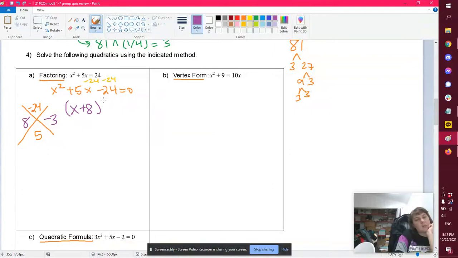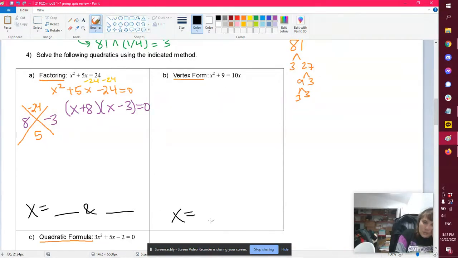Because there's no a out front, I just get to write these numbers as my factors. And then my final step, because the final answer will be x equals 2 numbers, is to set this equal to 0 and solve for x.